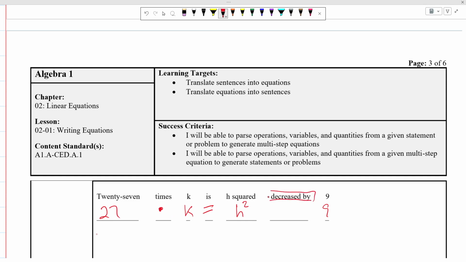Well, this would indicate, just like from before when you had the phrasing subtracted from, that was a phrase that indicated some sort of subtraction operation was happening. This too is a phrase that indicates a subtraction operation is happening.